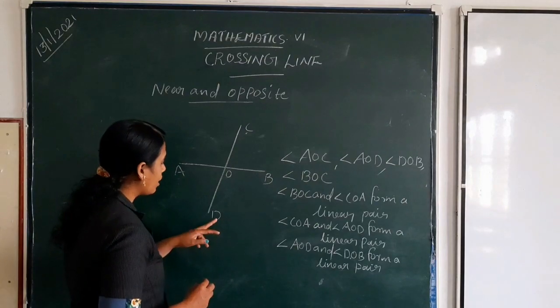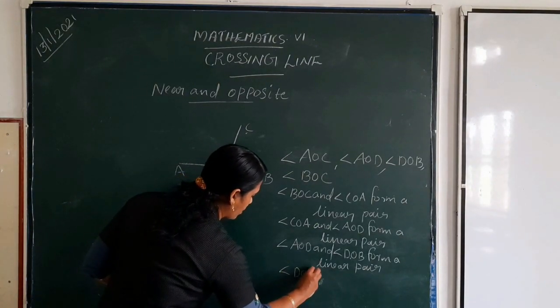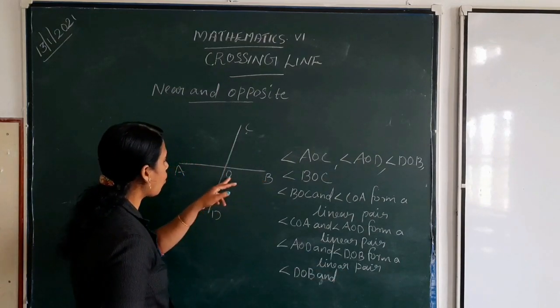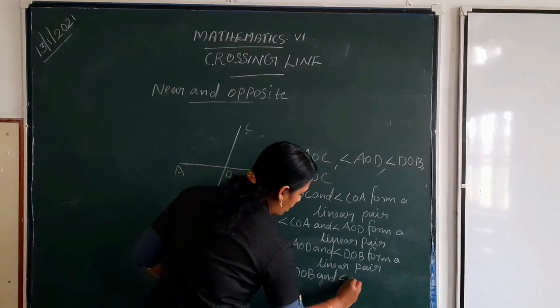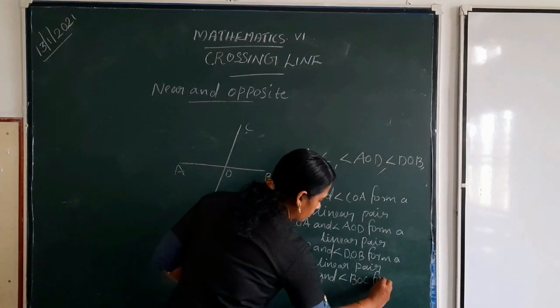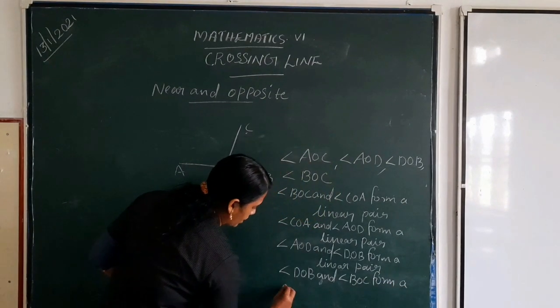Next one, angle DOB and angle BOC form a linear pair.